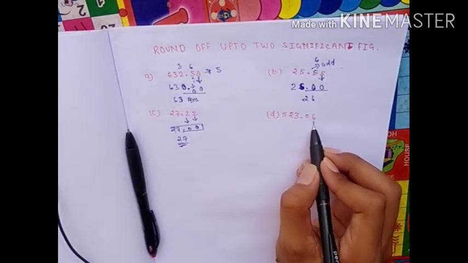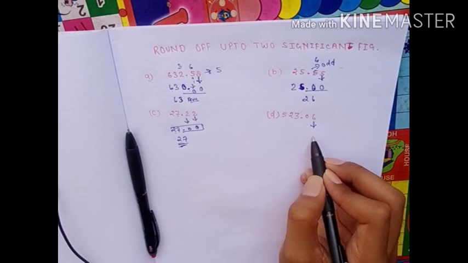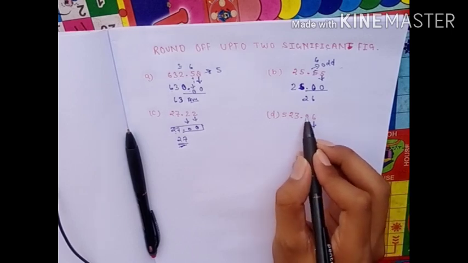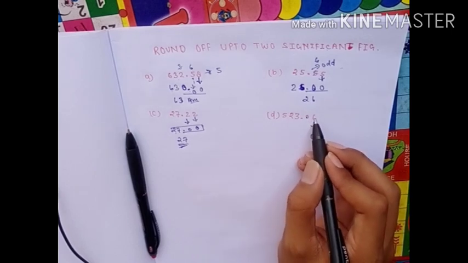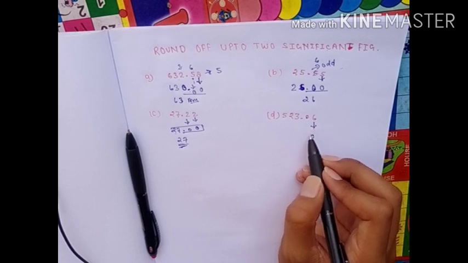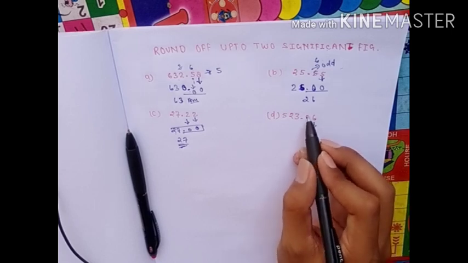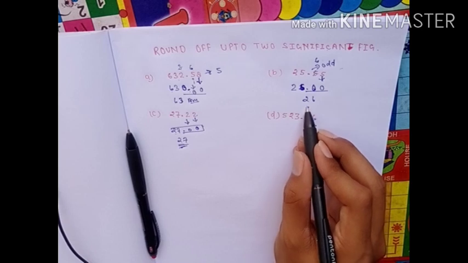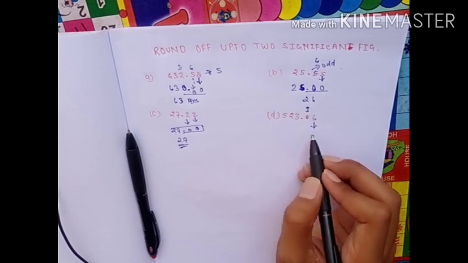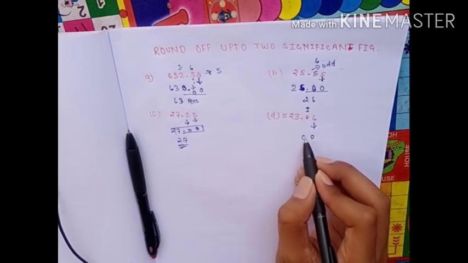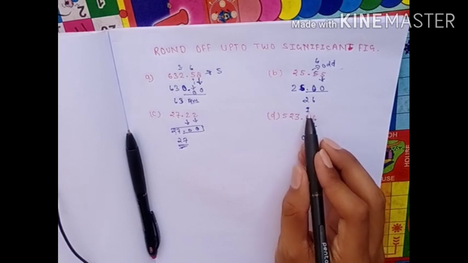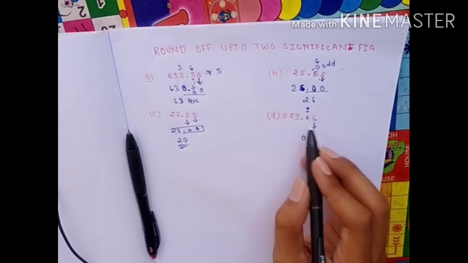Look at this example. When you drop 6, it becomes 0, and the preceding digit will be increased by 1 because 6 is greater than 5. So look here, the preceding digit is now 1, and when you drop 1, it becomes 0. 1 is less than 5, so there will be no increment.